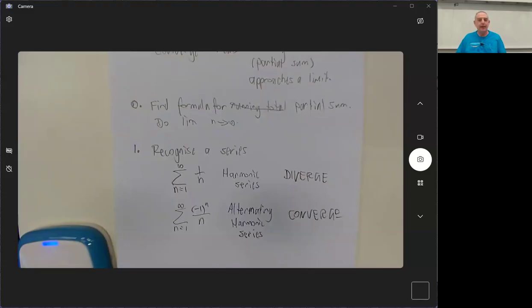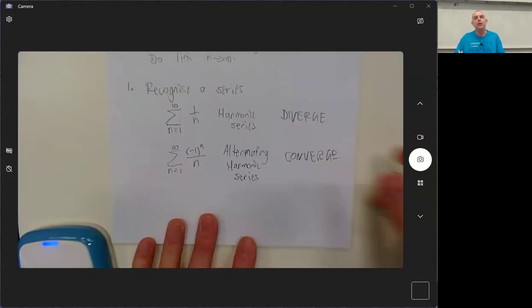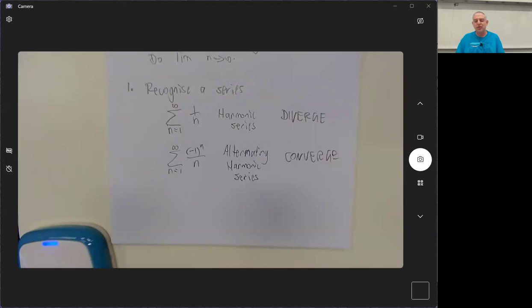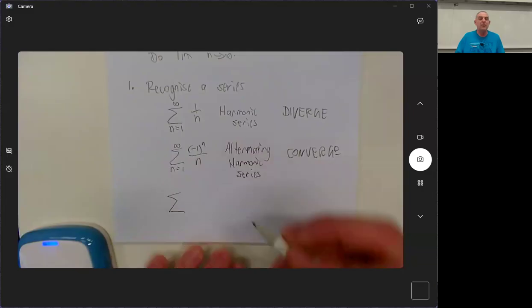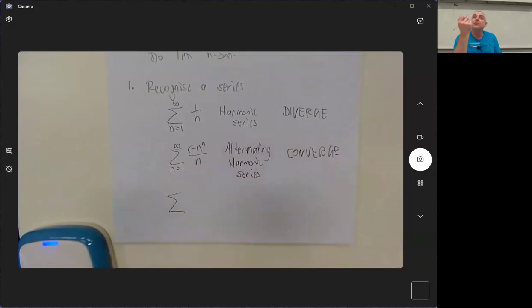Anyway, and then the other series that you're supposed to just recognise are all Taylor series. So some of them you didn't meet until after you saw Taylor series, which was after the series bit, and some of them you met before. So these ones have a letter x in them, and that's standing for any number at all, and no matter what that number is, it'll definitely converge or diverge depending on the rules.